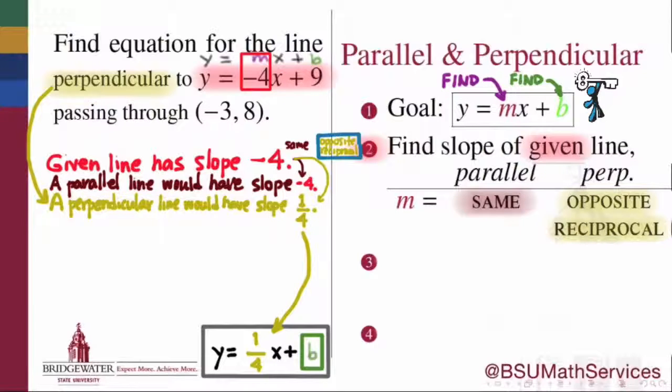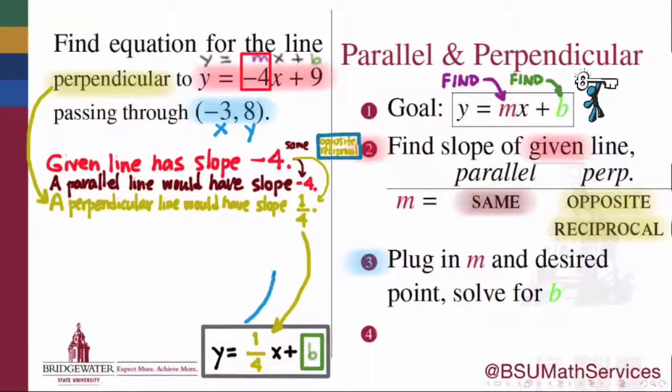And we're halfway home because we've determined the slope that we need. Now we need only to determine the value of b, the intercept, for our line. As with any problem in which determining an equation for a line is the priority, we can do that by substituting into our equation the coordinates of any point that we know on the line. And we've been given a point, -3, 8, that our line must pass through.